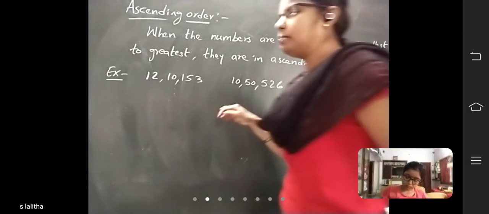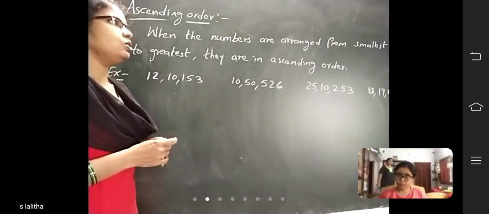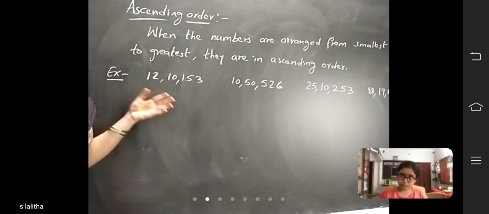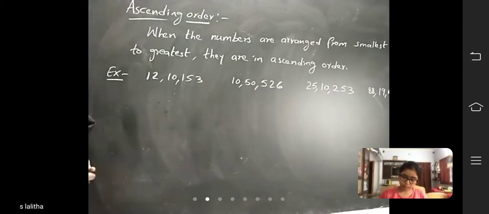So like that some numbers are given, you have to arrange in ascending order. Okay. So ascending order means what? You have to arrange the numbers from smallest to biggest. So among these numbers, which is the smallest number, children?